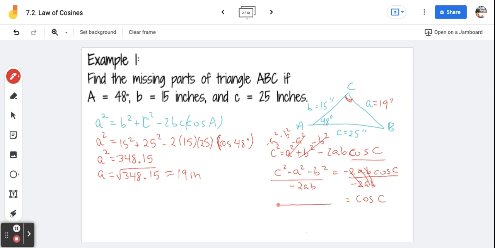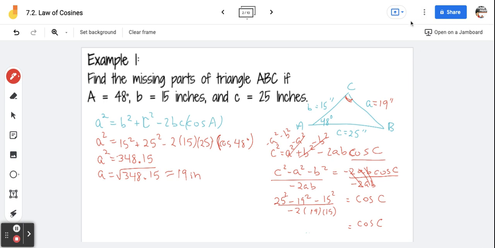So now let me go ahead and plug my values in. C is 25, so 25 squared minus A, which is 19 squared, minus B, which is 15 squared, and that's going to be divided by negative 2 times A, 19, times B, 15. All right, so let me type this into my calculator, and I'll just go back to Desmos and use that.